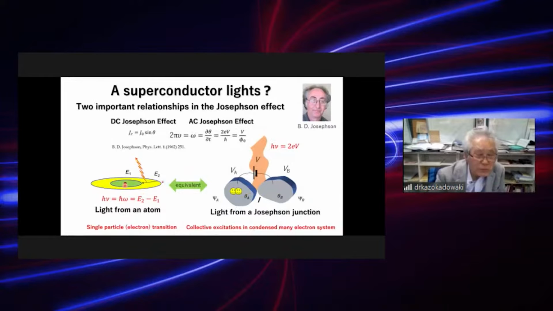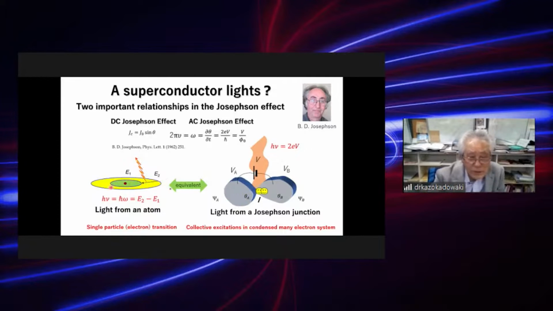Well, this is just a simple concept to get the radiation. In the case of an atom, as you may know from a high school textbook, when the electron state changes from higher to lower, this energy difference makes photons.